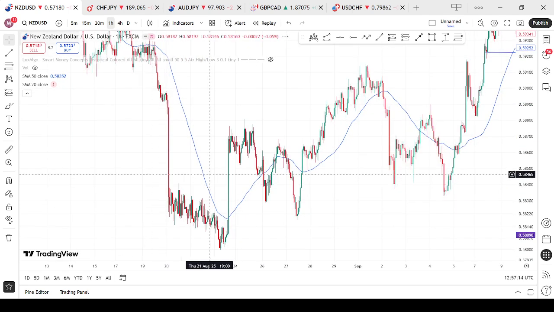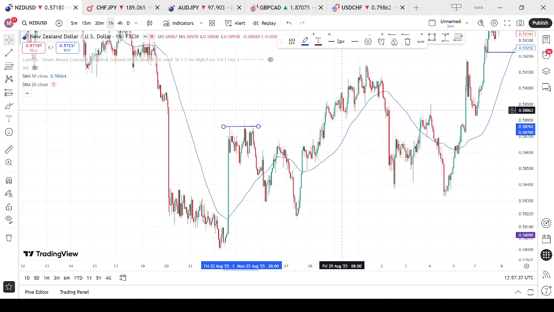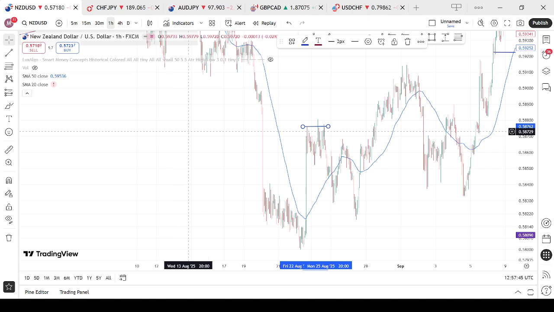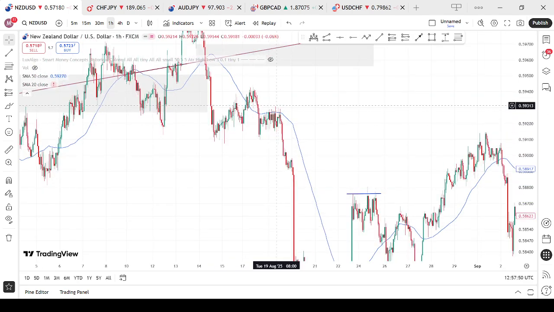Liquidity is always around a swing high and a swing low. All these things you are seeing here, look how weak. I'll call that liquidity. There's liquidity around this area. There's liquidity around this area.